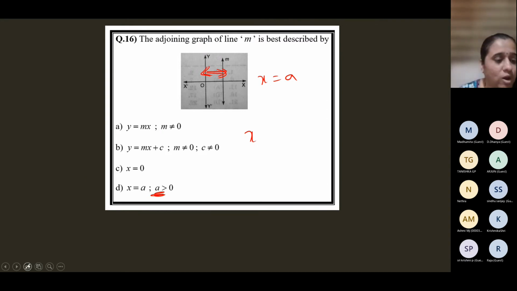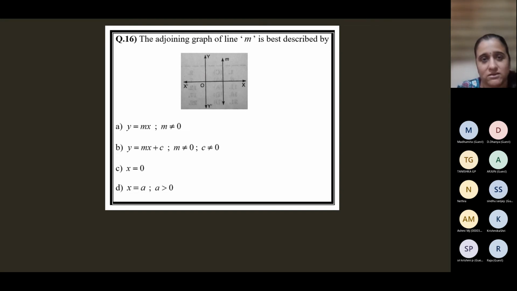No, I don't want to make it very complicated. Let me put it in very simple words. When a line is parallel to the x or the y axis, there will be only one variable, x or y. If there is x, it will be 0y. If there is y, it will be 0x. Both x and y will not be there.